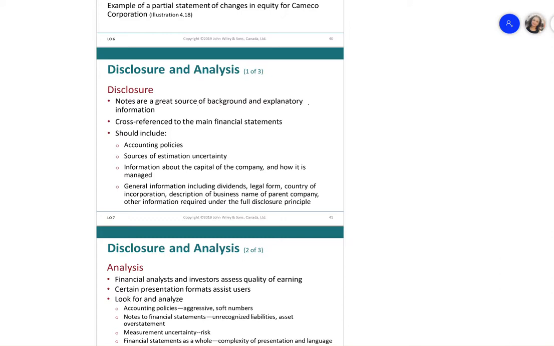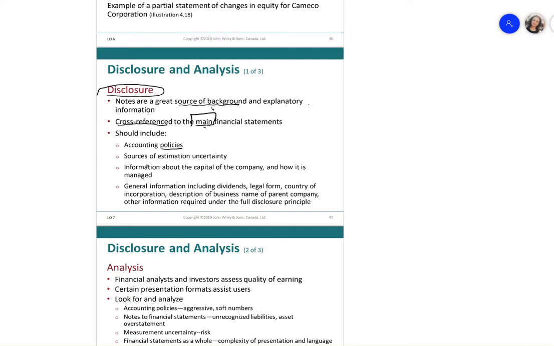Disclosures are always important because if we have notes with our numbers, we have to provide a disclosure to the financial statement explaining the background and the source, where we got the information, so that we can cross reference them in the main financial statement. Those disclosures come after the financial statements, at the bottom of your financial statement. They are like footnotes, connecting to the main statement.